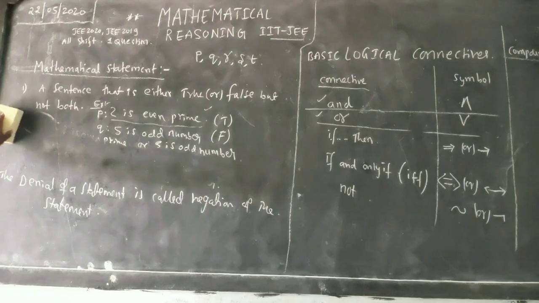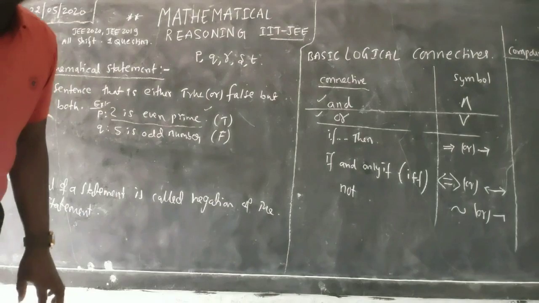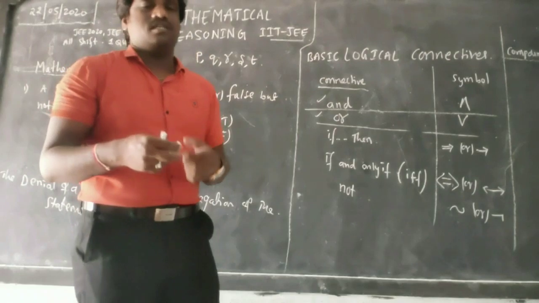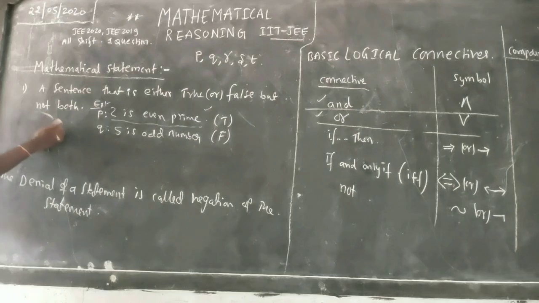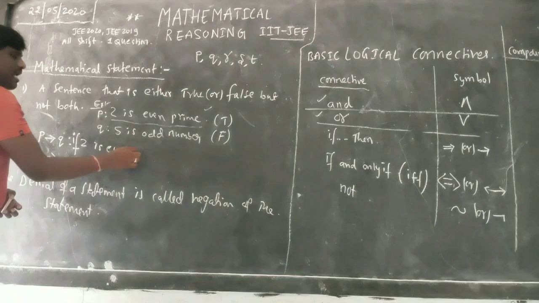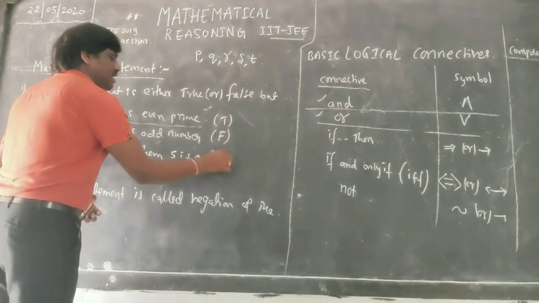Let's see another connection. The name of the connection is "if then." This is called the conditional statement, or conditional connection. If I connect P and Q, we write P implies Q, using the symbol. If 2 is an even prime, then 5 is an odd number.